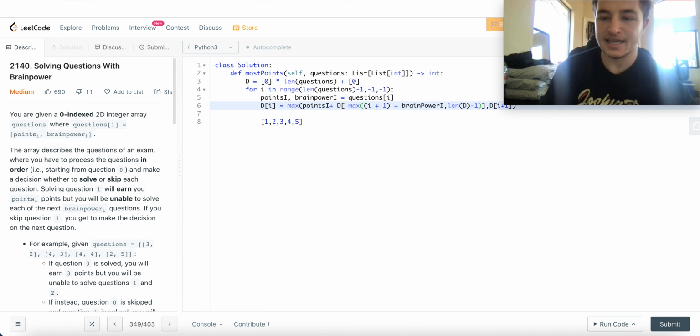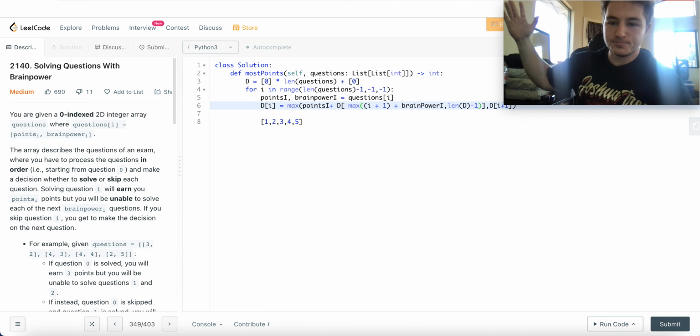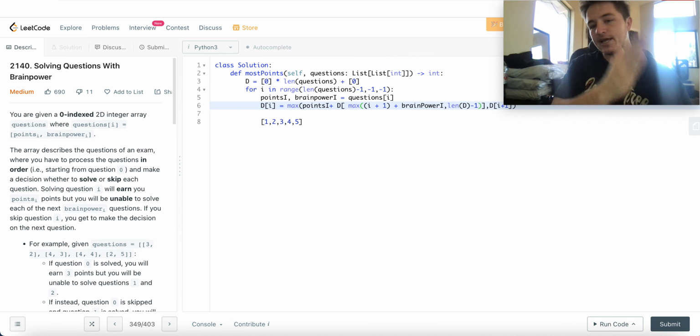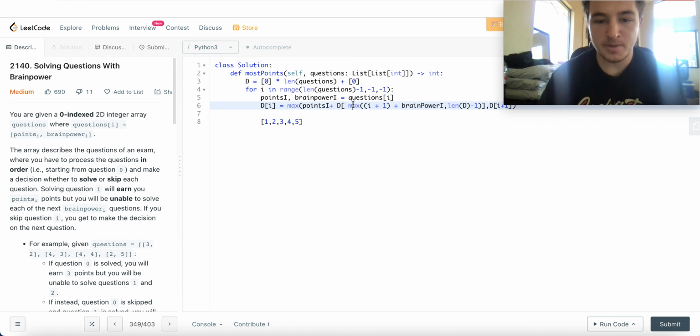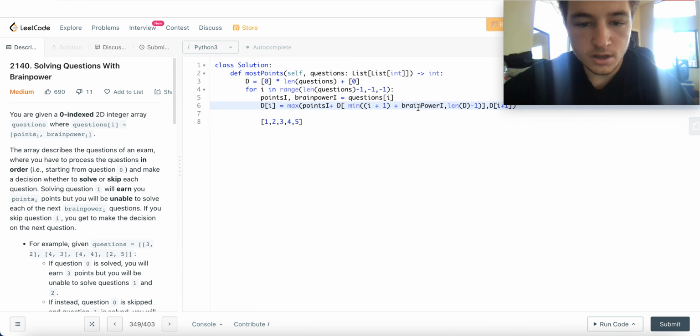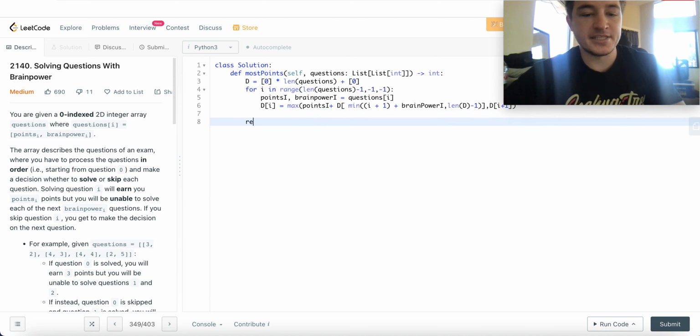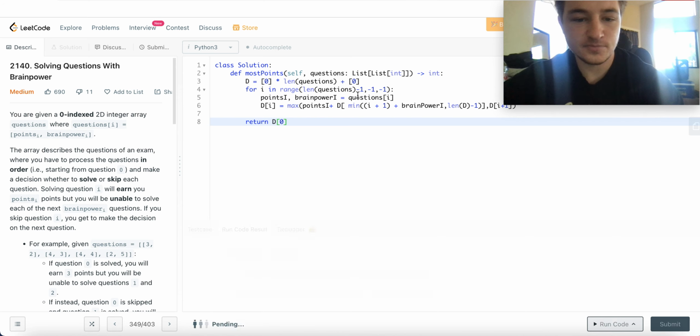So basically saying, if you try to skip over everything, if you try to go past the limit, this will just stop it from going outside of the bounds of the array. So not max, but min, right? Because if it gets bigger than that, that's kind of ugly, but it's fine. And then the best thing to do is whatever we're supposed to do at D of 0.